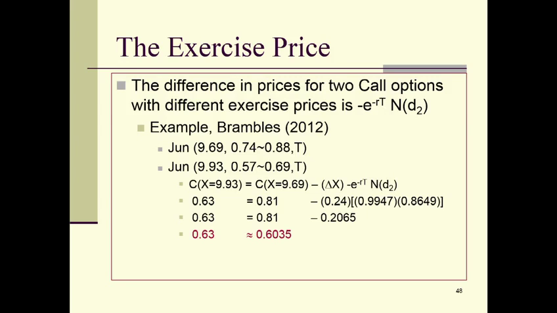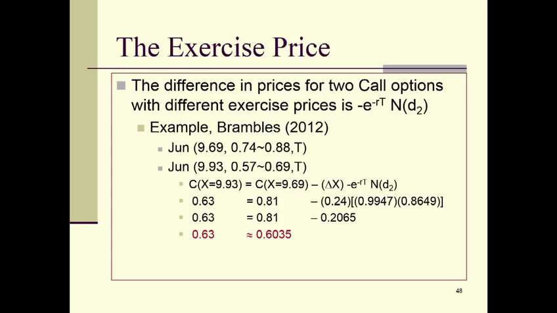A lower strike call would be more expensive than a higher strike call. So a higher strike call would be less expensive. So that's what you see on the slide, right?